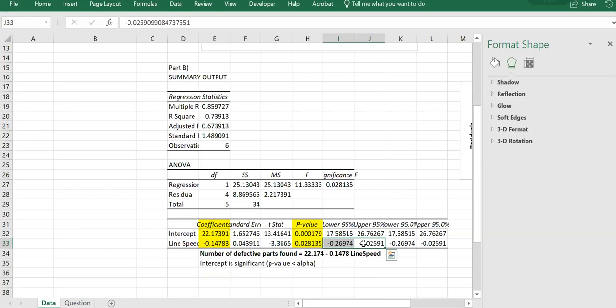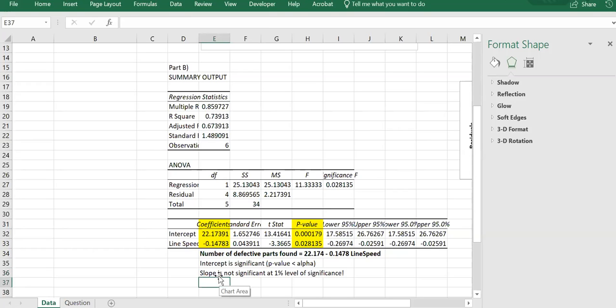So that's actually a strong sign saying that the line speed has truly a negative relationship. But however, since we are taking alpha equal to 1%, slope is not significant at 1% level of significance. Slope is not significant at 1% alpha, right?